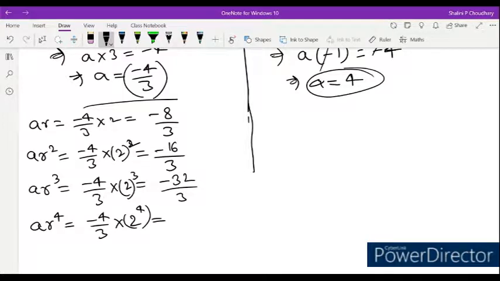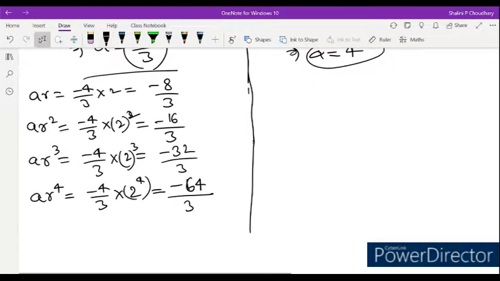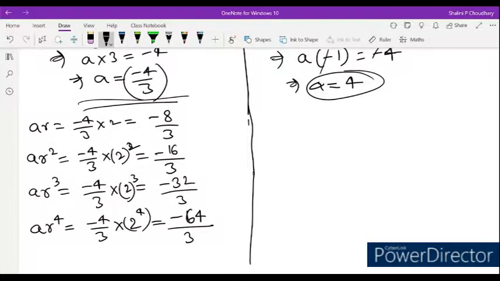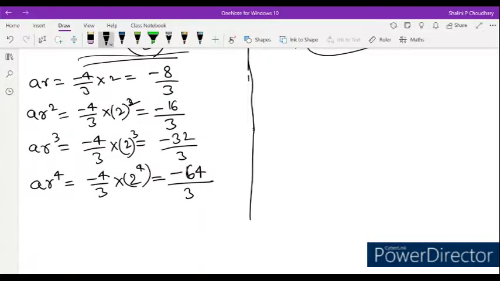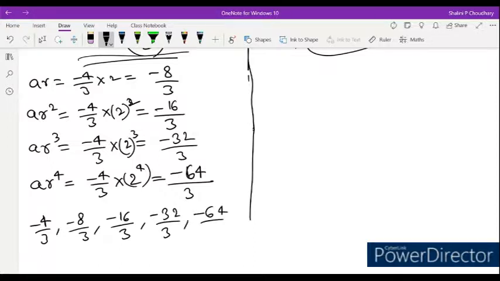So 2 to the power 4 will be 16, and we will get minus 64 upon 3. So till the fifth term we got it. So the GP will be minus 4 upon 3, minus 8 upon 3, minus 16 upon 3, minus 32 upon 3, minus 64 upon 3.